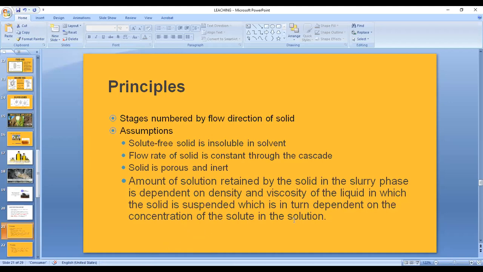This is also dependent on the concentration of the solute in the solution. Simply put, ang density kag viscosity sang liquid sa imong solid is dependent on the concentration of the solute in solution. Of course, because the more concentrated it is, the density would be higher and it would be more viscous.